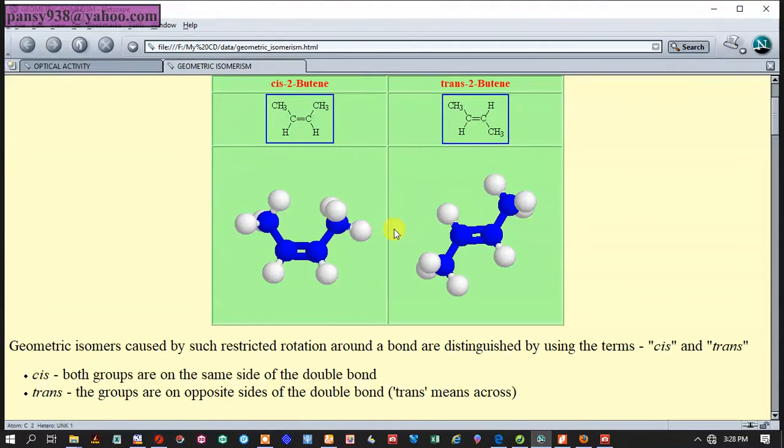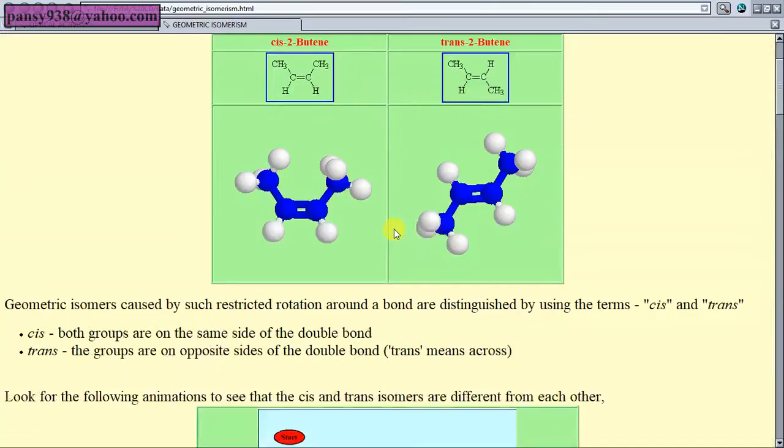Now let's discuss how the geometric isomers are named. The old method to name them is putting a prefix cis or trans before the name, as we are using in these examples, cis-2-butene and trans-2-butene.